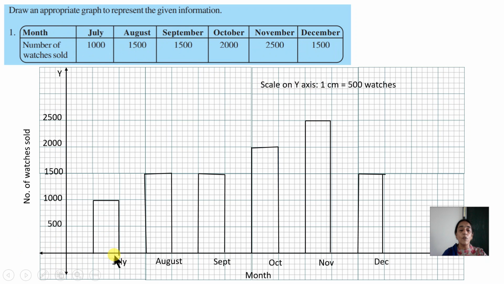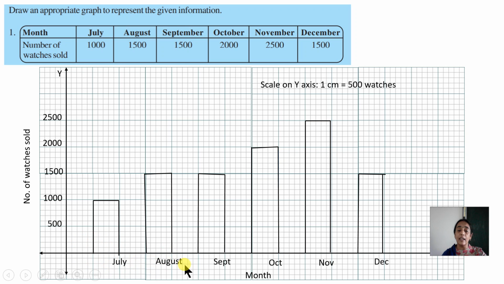Now when you start representing, leave two squares, 1 and 2. I have left two squares and then written July. Again I left 1 and 2, and wrote August.